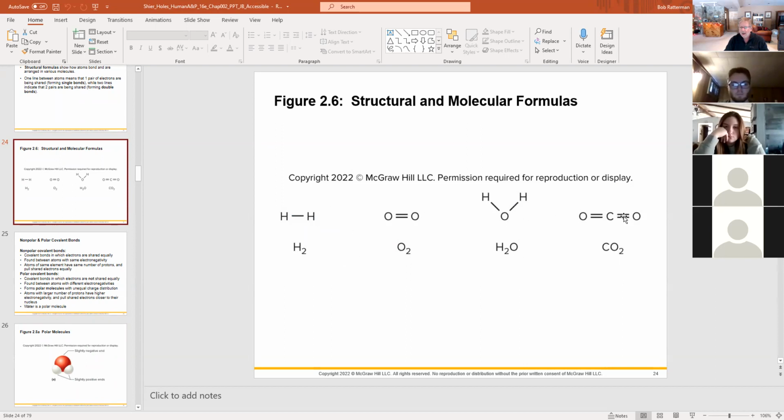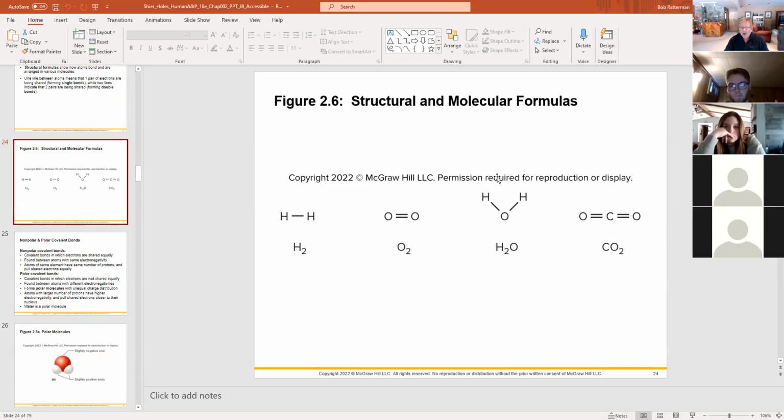These four are the structural formulas. They tell us, okay, in CO2, you've got these two double bonds, right? In water, you've got a couple single covalent bonds between the hydrogens and the oxygen. So this just tells you a little bit more about the type of covalent bonds you've got, basically.